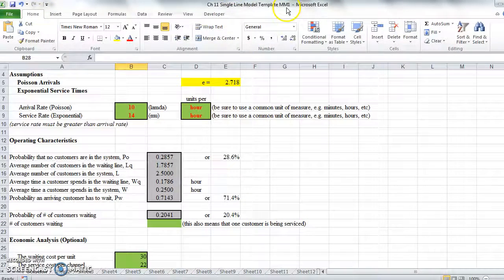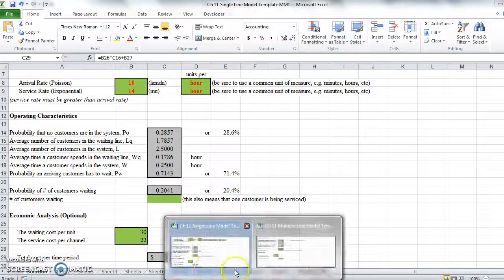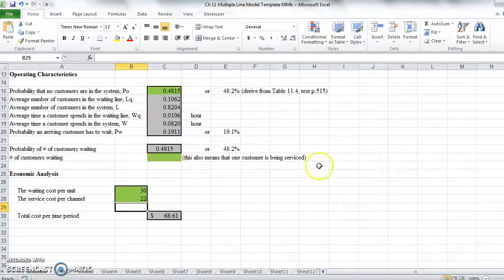I pulled down the MM1 model here. I populated 10 and 14, making sure I put per hour so I know they're in common units. I populated cost of waiting as 30, cost of service as 22. I get a rate of $97 an hour when using a single server, single line.